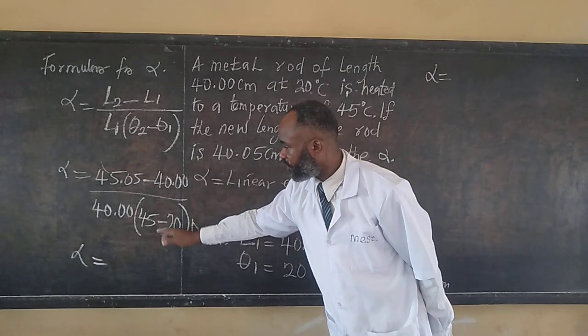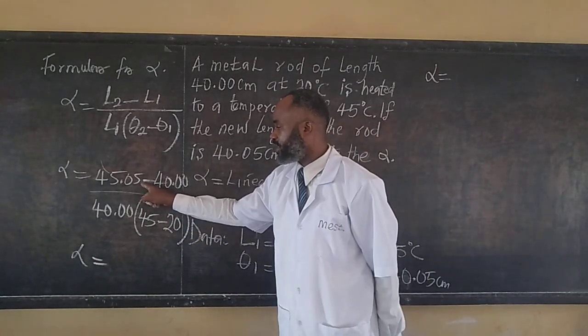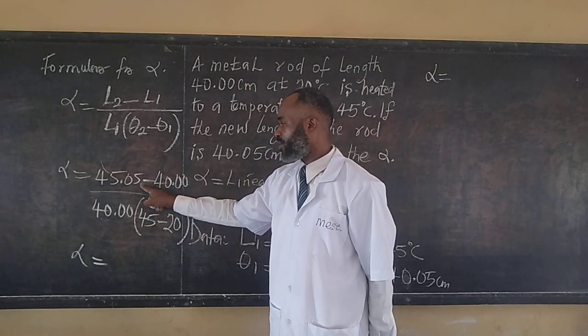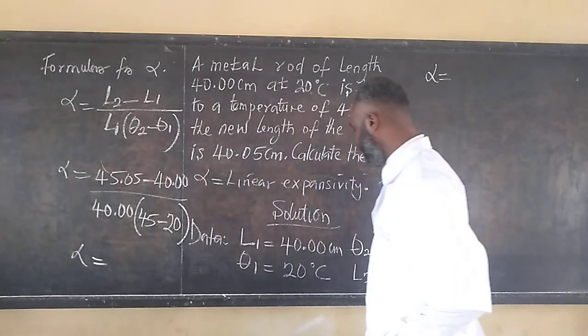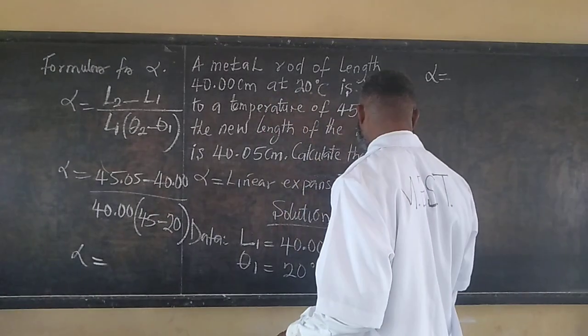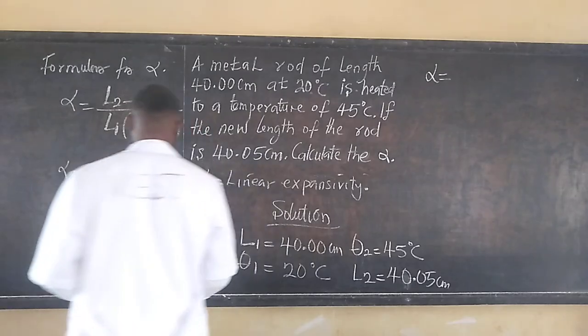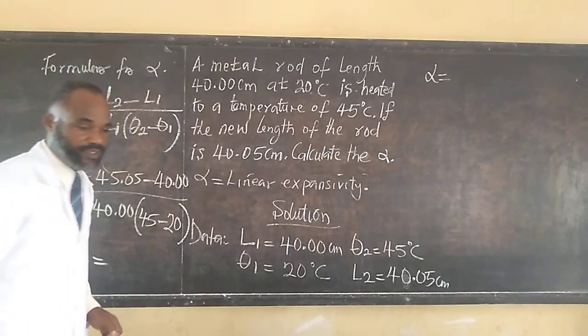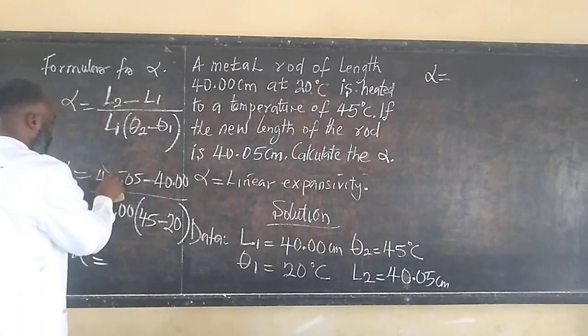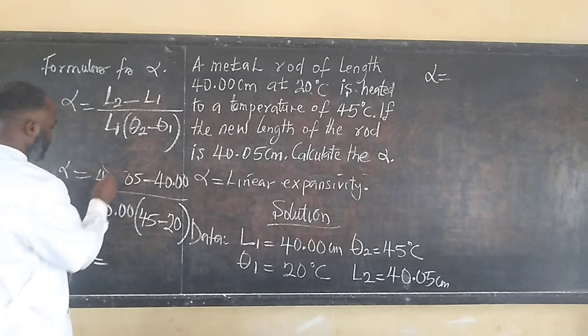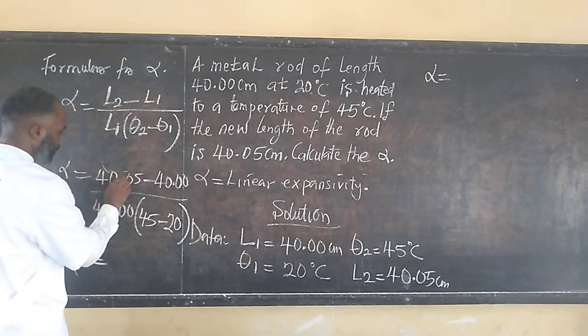If we simplify further, 45.05, is it 45 or 40? That is 40, not 45. Avoid unnecessary mistakes here. 40.05.